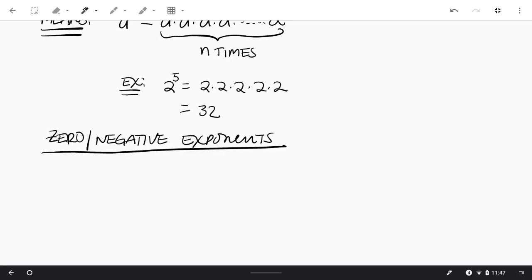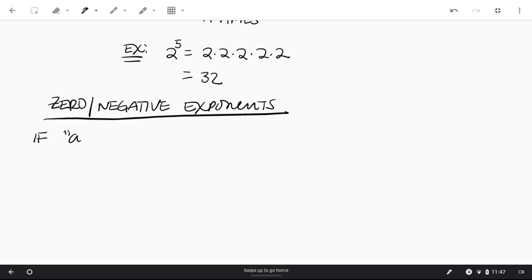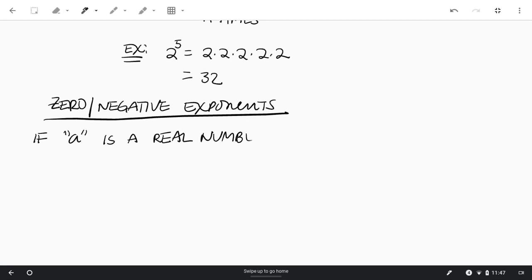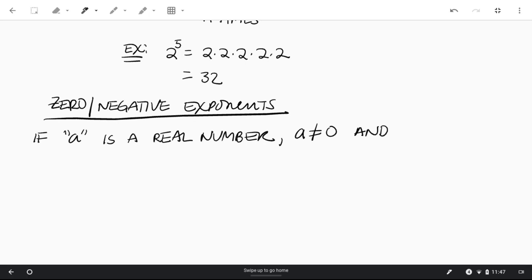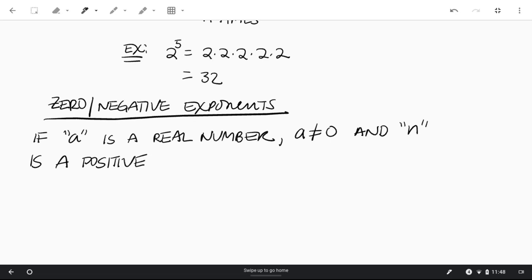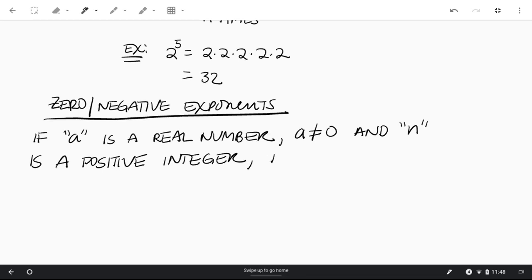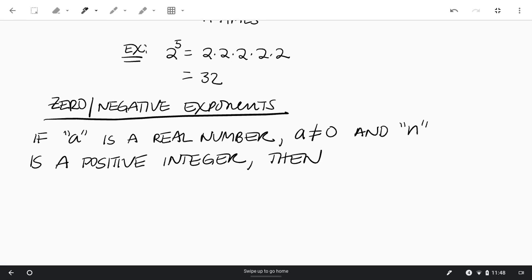All right, so if a is a real number, a is not 0, a is going to be the base, and n is a positive, so it's not negative, integer, then we have the following two.